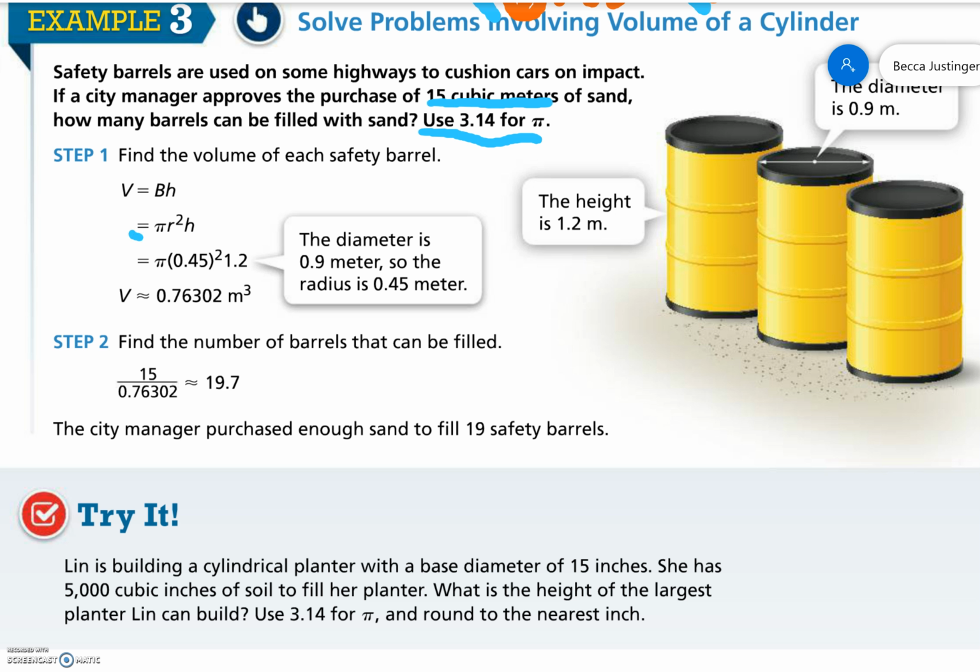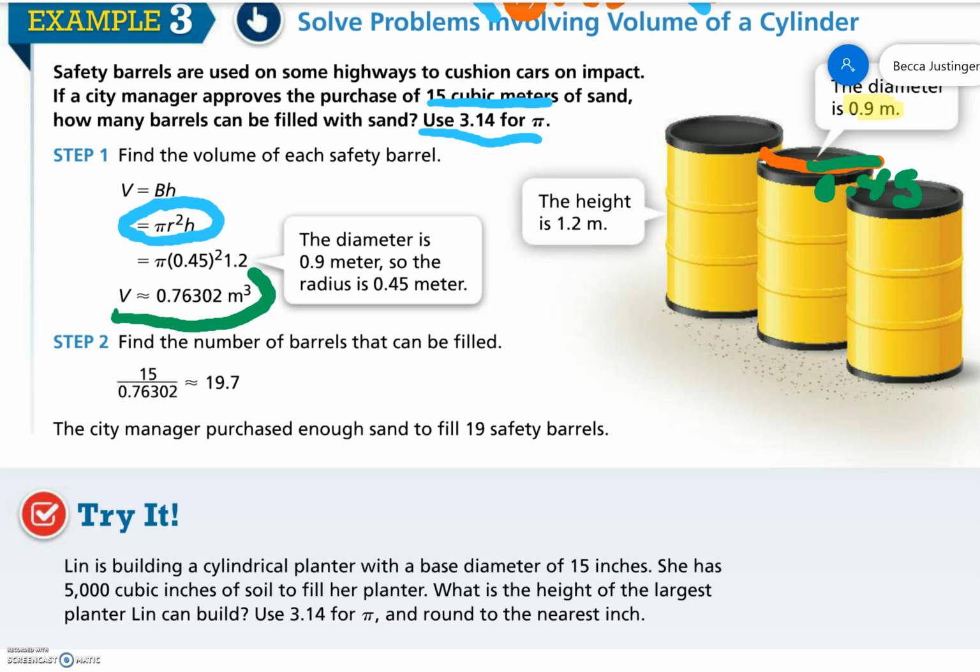So again, we're using this formula, pi r squared H. They're putting the radius in, which is 0.45. They got that from over here because if the diameter is 0.9, we cut that in half to get 0.45 to be the radius, and we know the height is 1.2.